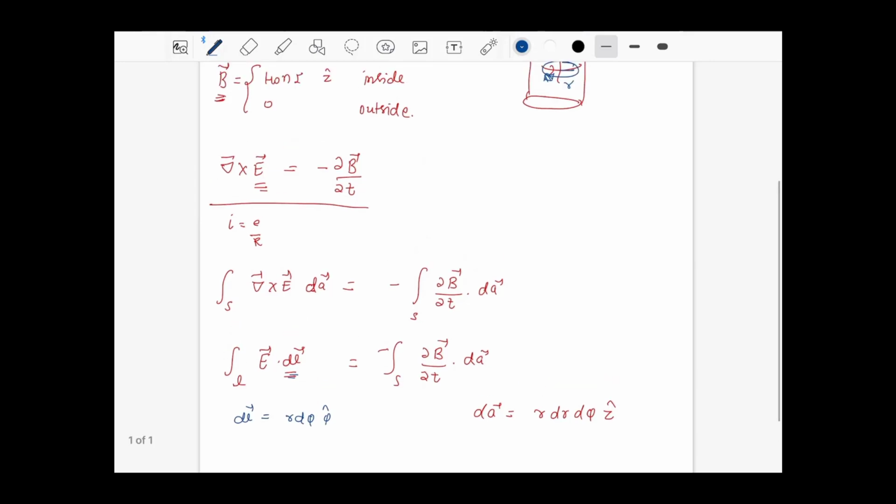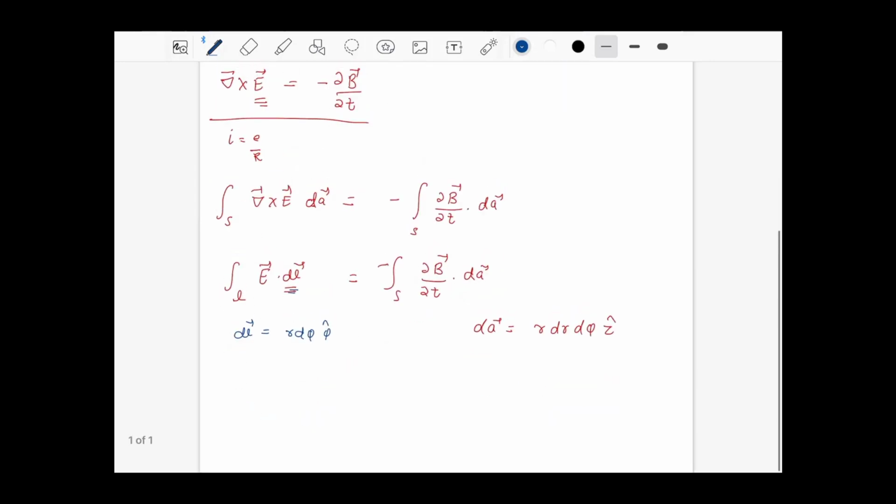So by doing this, E dot dl comes out to be E into the integral of phi from 0 to 2 pi of r d phi, which equals minus the surface integral of dB by dt, where B is mu naught n I and dA is r dr d phi.